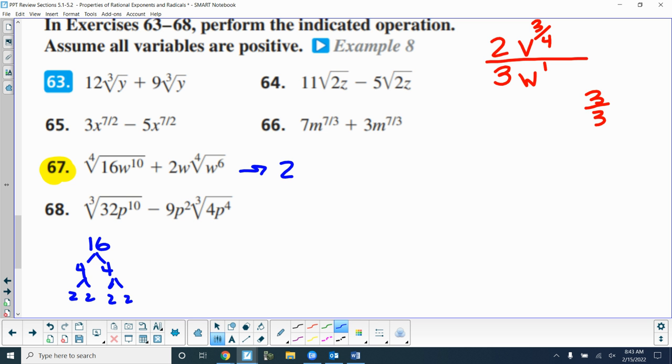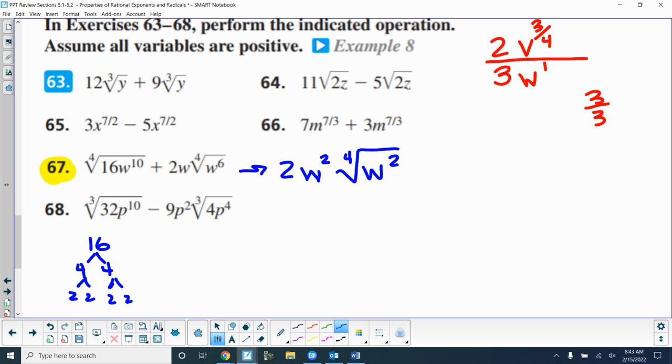Twice, right? So that means that W squared comes out because there's 2 sets of 4 W's, right? How many W's are left over? 2. So underneath the 4th root there, I need a W squared. You with me?